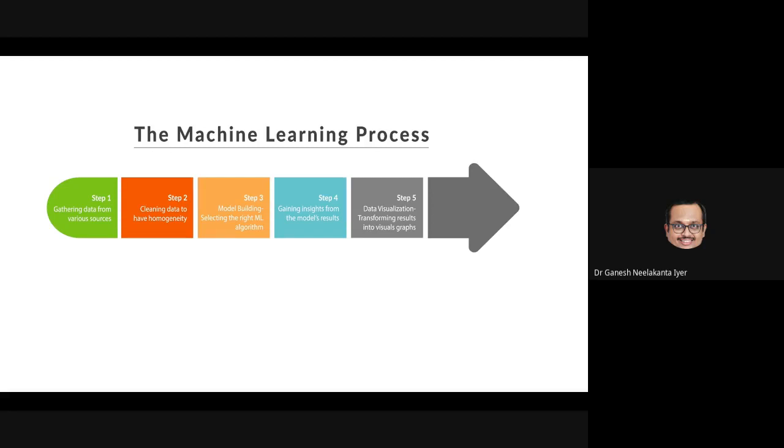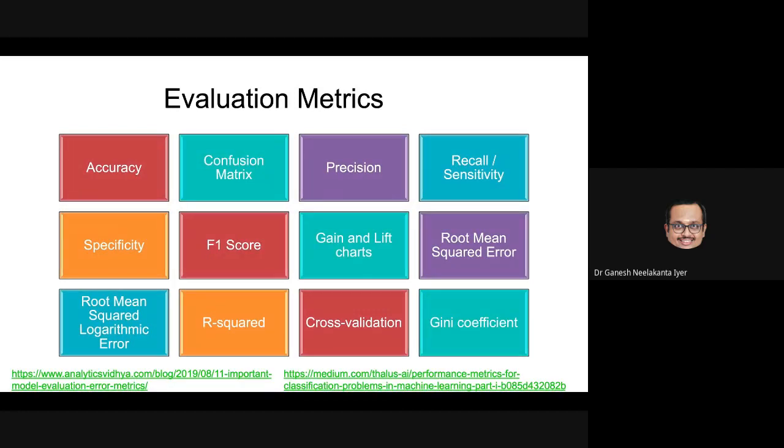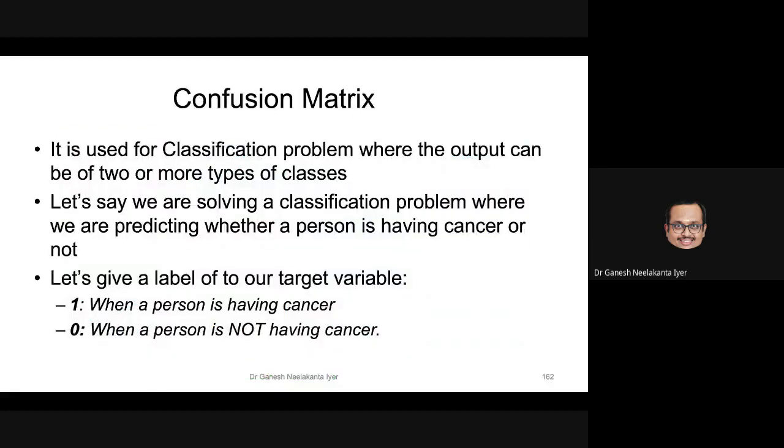Now, once you apply the algorithm, how do you evaluate? How do you gain insights? Again, there are a lot of different parameters. We will not go through each of them, but we will go through some important metrics. First and foremost is the confusion matrix. It is used for classification problems where the output can be of 2 or more classes.